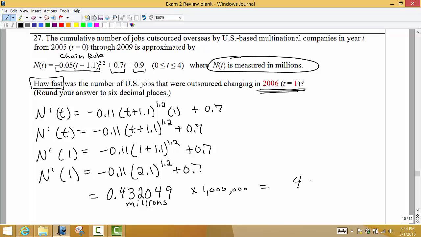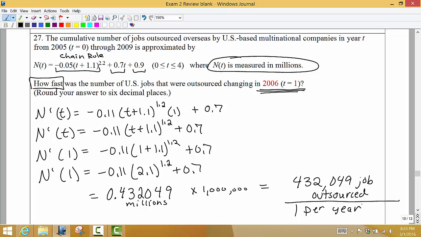So I get 432,049 jobs outsourced. And we're talking about per year. So think about that as over 1, so per year. Okay, so it's increasing there, going up by that amount per year.